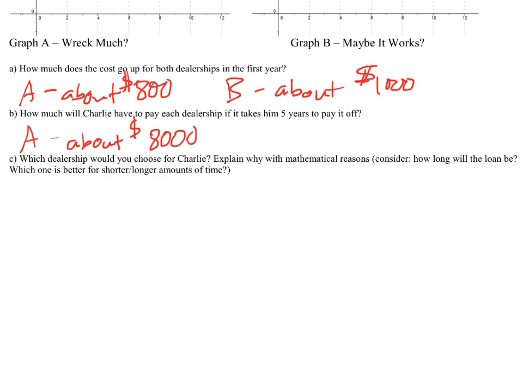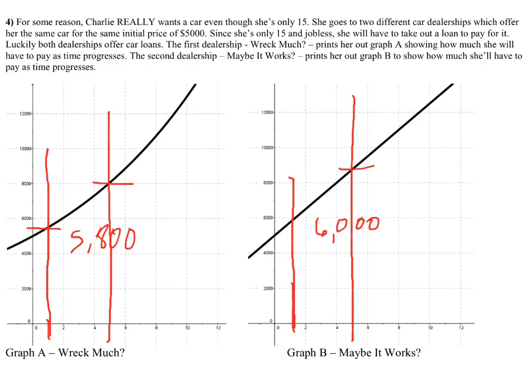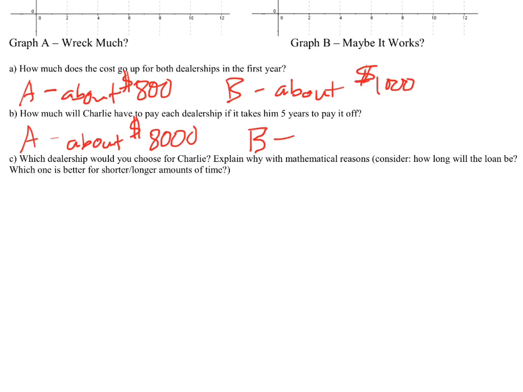So that's the total cost there. For B, we're looking at about 8,000, like 800-ish, about that much. So 8,800-ish.